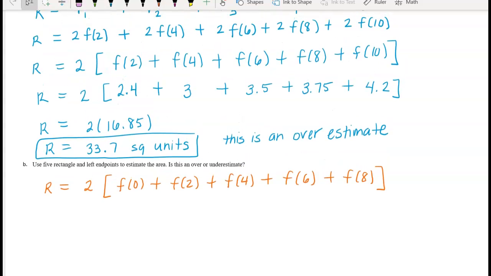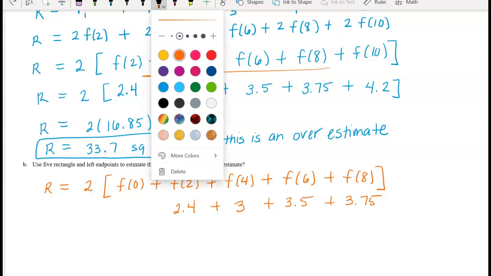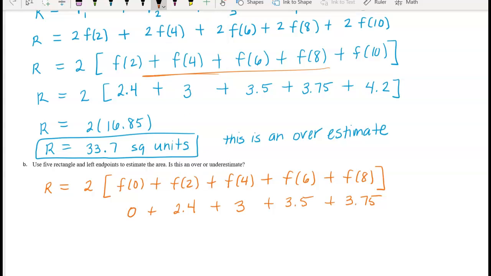Some of the ones I have from above can be the same. I had 2.4 here, 3, 3.5, and 3.75. I'm just using those same values that I had up here above. But then we saw that when we plug 0 into the function, we actually get 0 here.